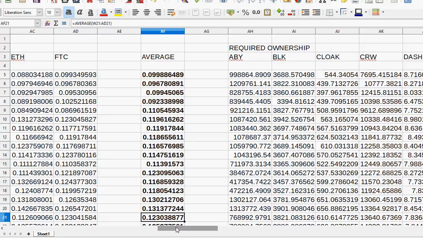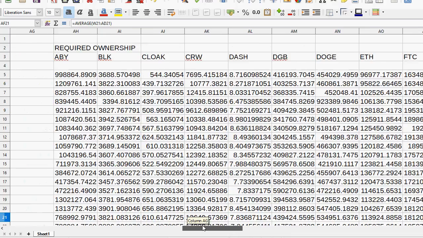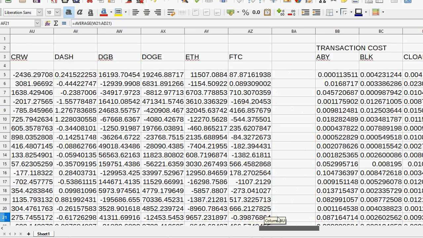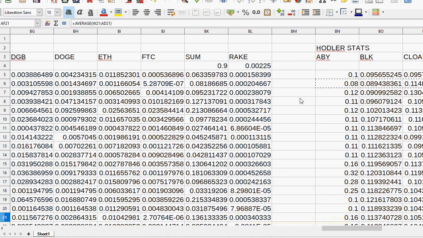But the results are magnificent when we take a look at them, because I am comparing them to just buying and holding every single one. Because what I did on here is the hodler stats.